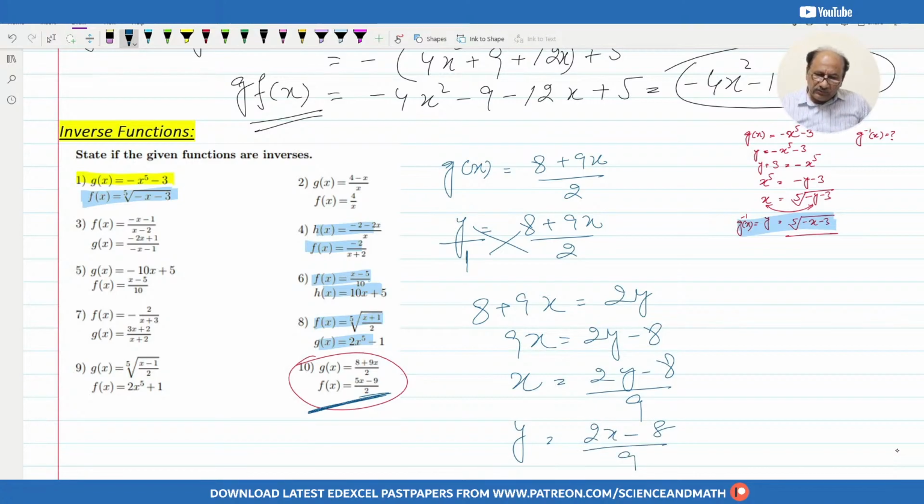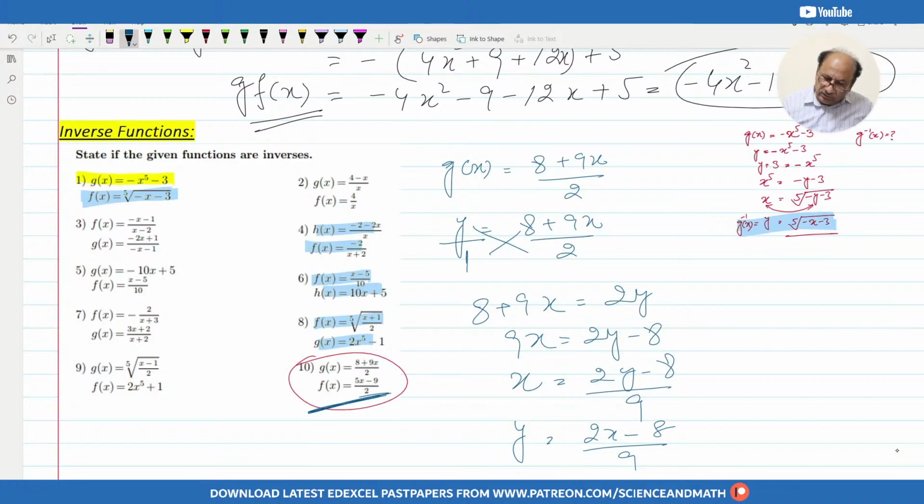If I double check, we will be multiplying: 2y is equal to 8 plus 9x, and 9x is equal to 2y minus 8, and this will be divided by 9, and that's all. So there is no mistake in this.